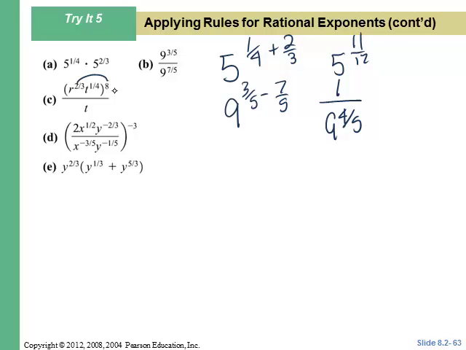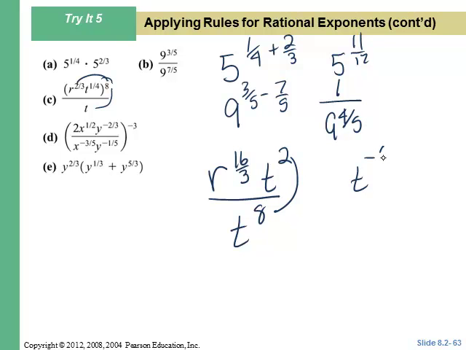C, we have to put this into each one of the places, so we get r to the 16/3 over t squared over t to the 8th. Subtract, this is t to the negative 6, which means we can put it on the bottom, so we'll have r to the 16/3 over t to the 6th.